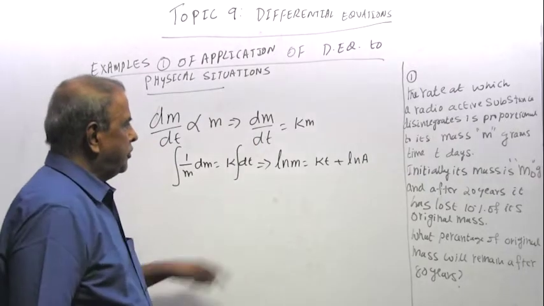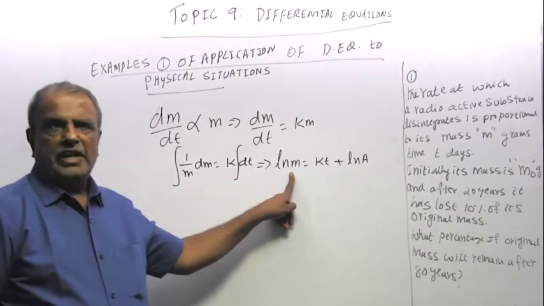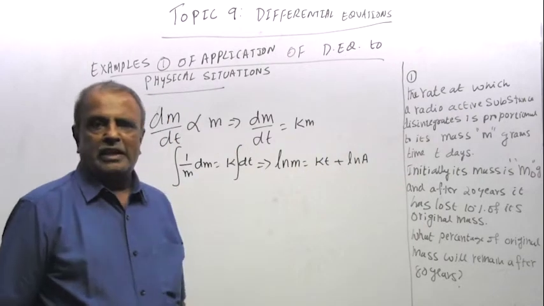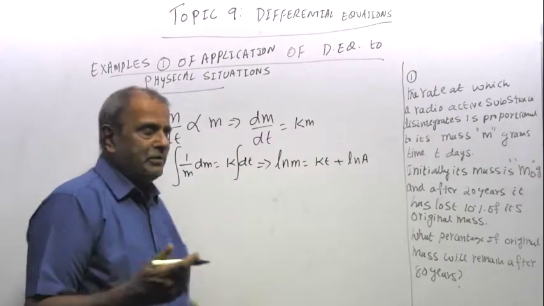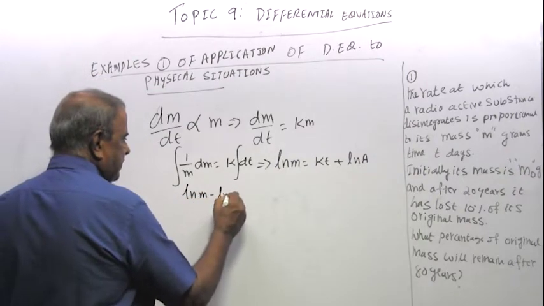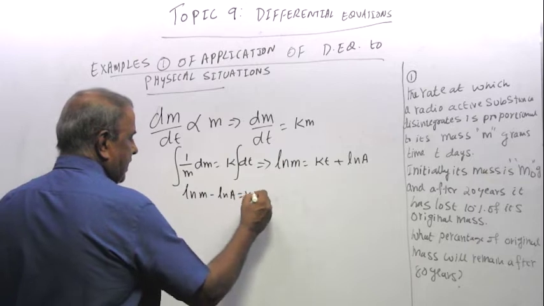Remember, if you have the dependent variable as a log function, call the constant of integration ln a, it makes life easier. So ln m minus ln a equals kt.